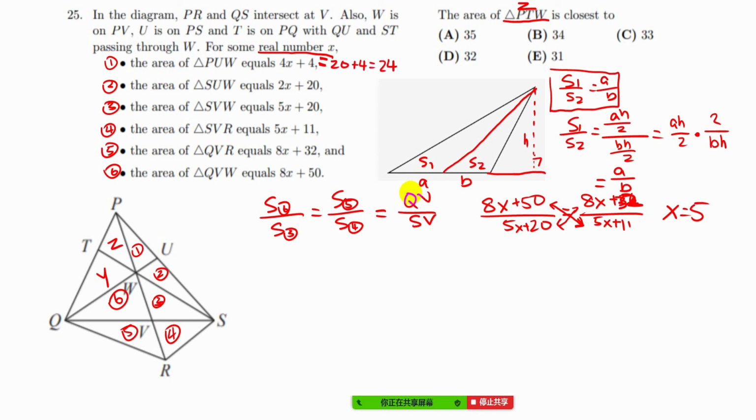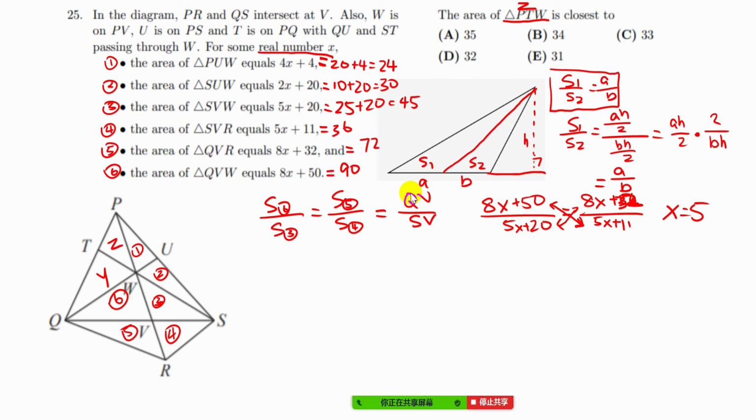And then triangle SUW would be 10 plus 20, which is 30. 5x plus 20 is 25 plus 20 equals 45. And then the rest would be 36, 72, and 90. And then we know what the areas of the triangles 1 to 6 would be. Now we just need to figure out triangles y and z.